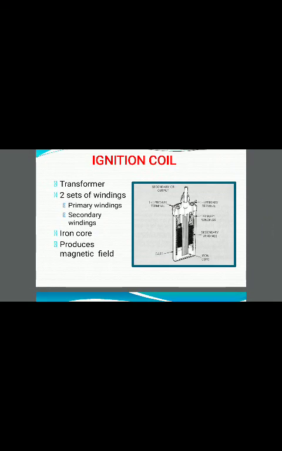Next, the ignition coil. The ignition coil is a transformer. There are two sets of winding in the ignition coil, primary winding and secondary winding. And it has the iron core which is centrally mounted and it produces the magnetic field.